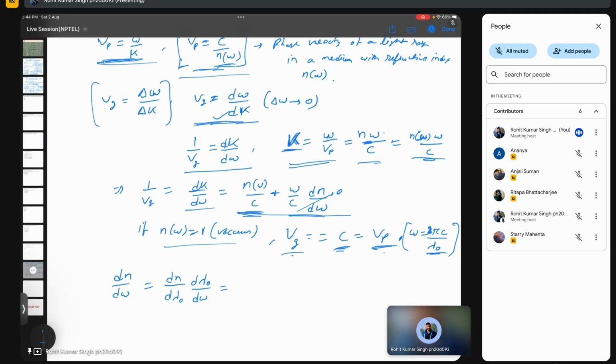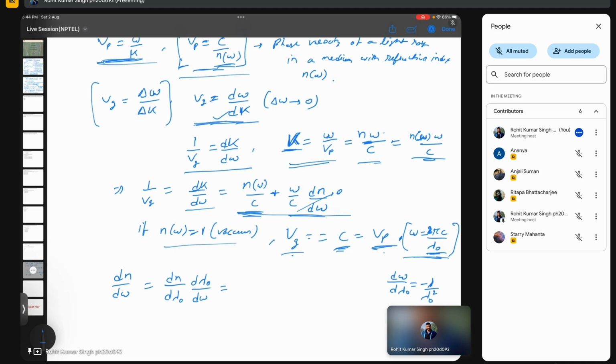From here, d omega by d lambda naught you can calculate, which is nothing but minus 2 pi c by lambda naught square.